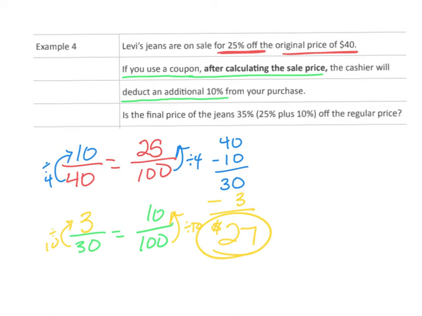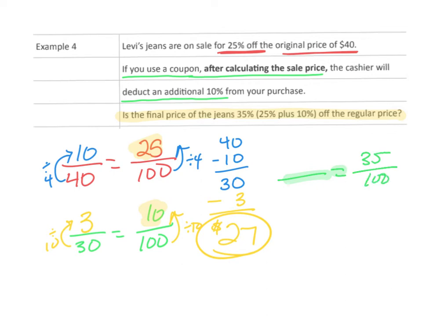But here's the question. Is the final price of the jeans 35% off? Because we did 25 plus 10. Does that equal 35? Well, let's do it one more time. Let's figure out 35%, so I'll use my pen instead of the highlighter.